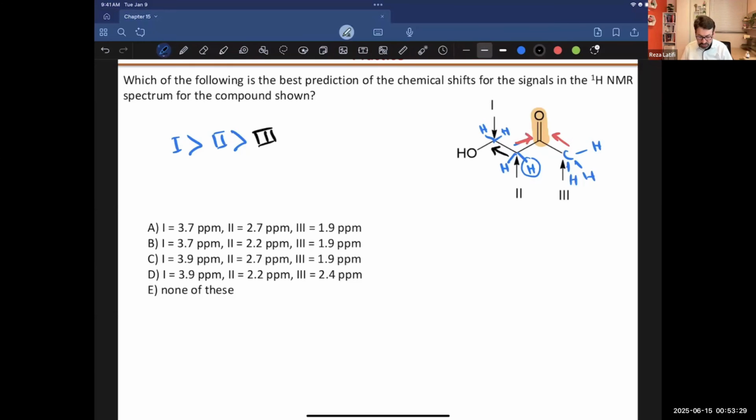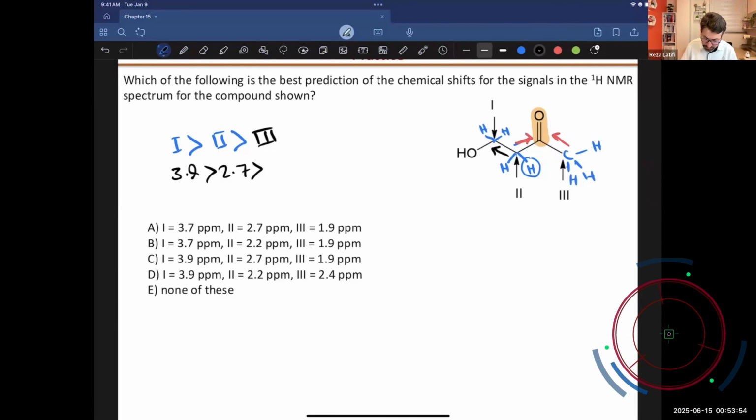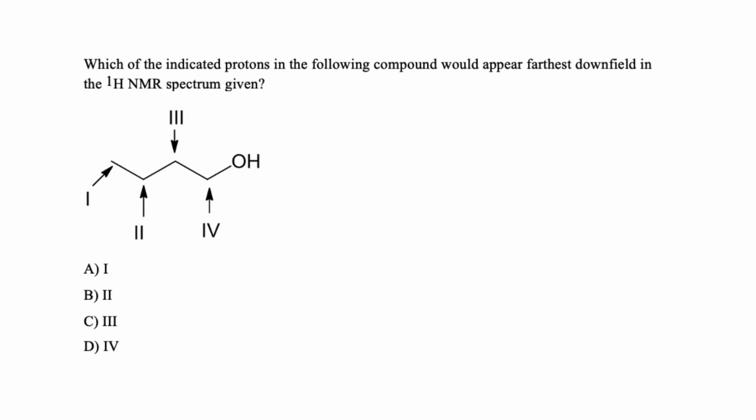So I'm going to say number 1 should have the highest one, 3.9, and number 2 should be 2.7. Next one will be number 3, at 1.9.